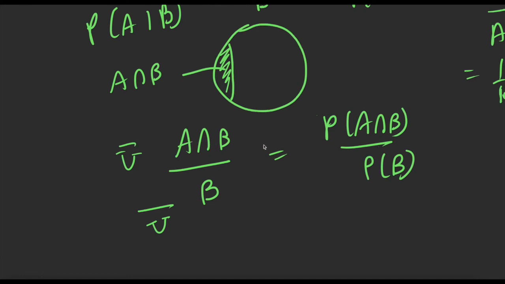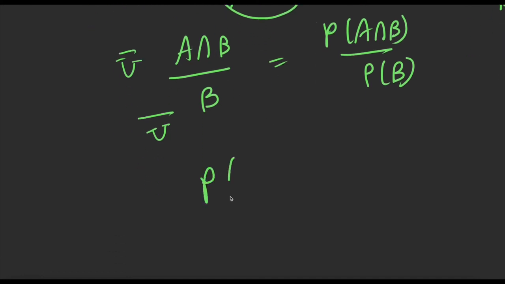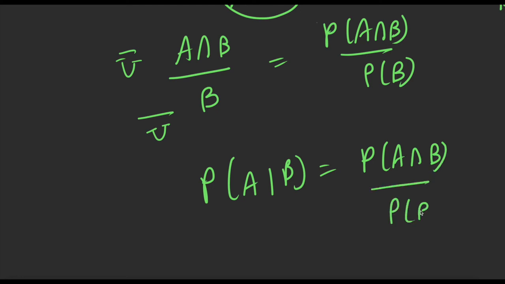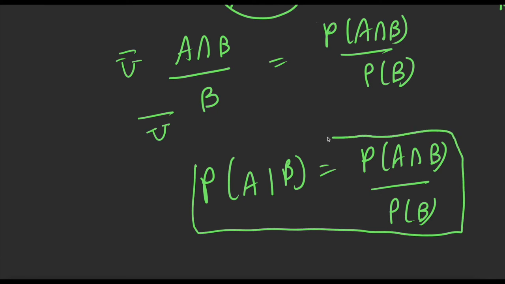So that's why we get the probability of A given that B has occurred is equal to the probability of A intersection B divided by the probability of B, and this is Bayes theorem. Now this might seem complicated, but if you visualize it and think more about it, it will become pretty easy and maybe apparent to some.